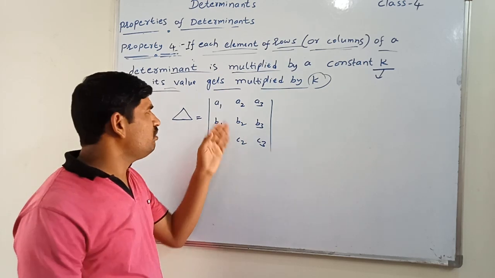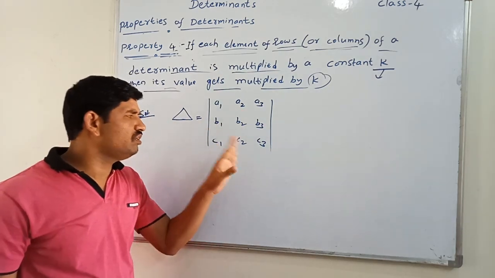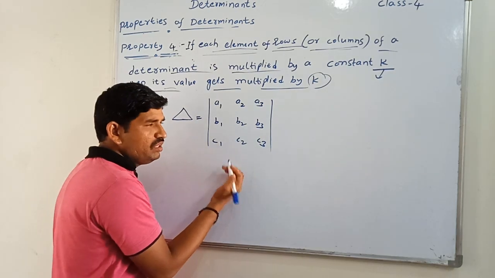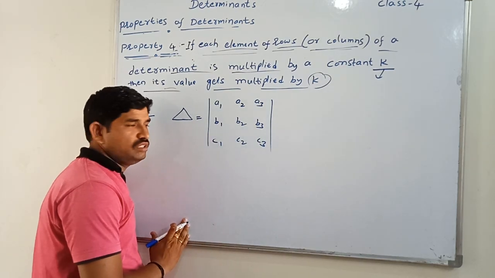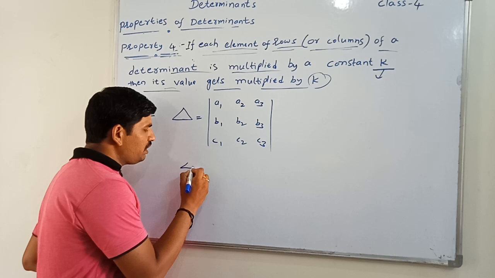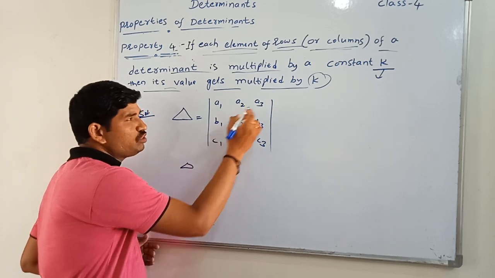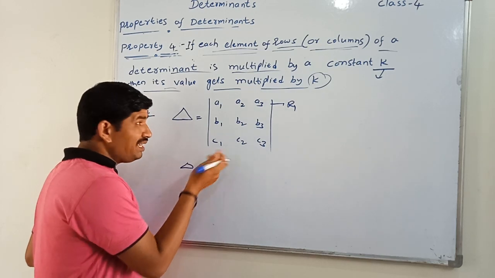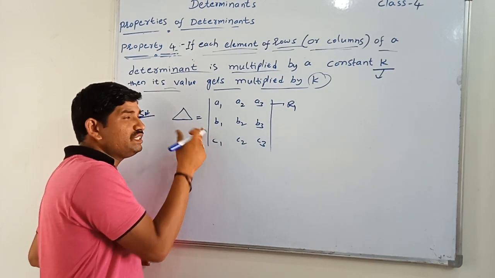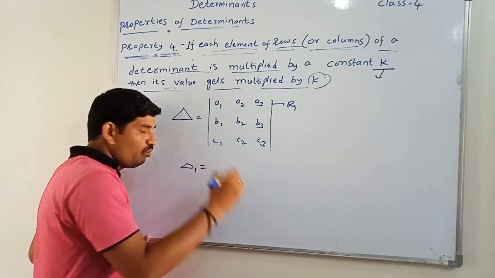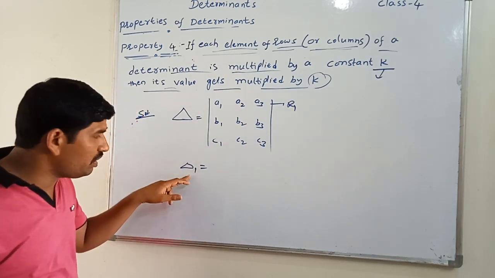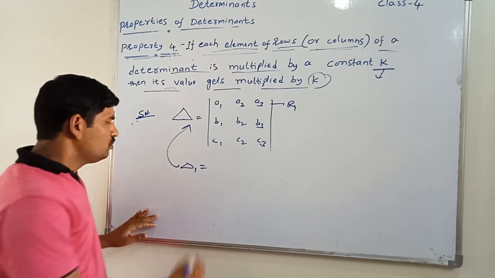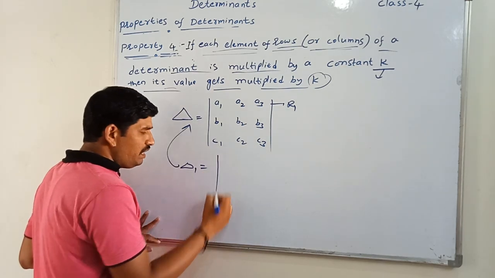There are 3 rows and 3 columns in this determinant. Suppose I multiply the first row of this determinant by the constant k. Then the resulting determinant obtained is delta 1, obtained from the delta. So delta 1 is equal to, I am writing here.